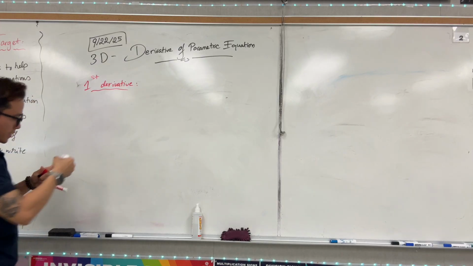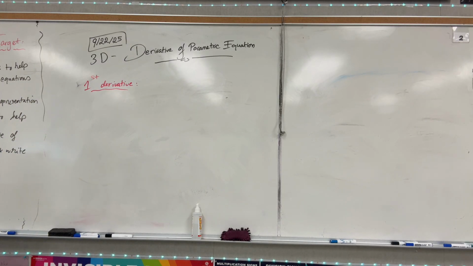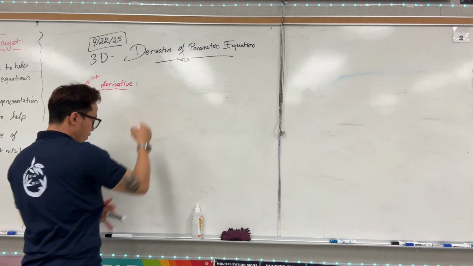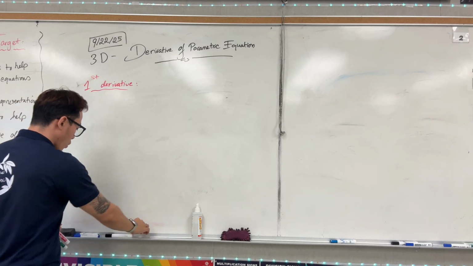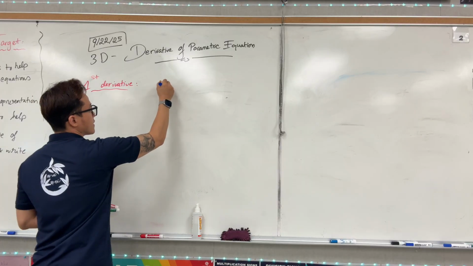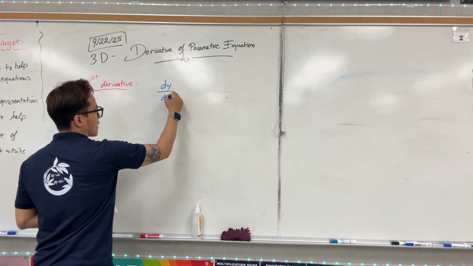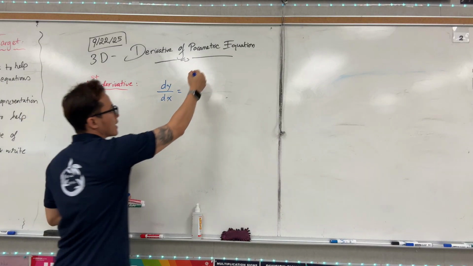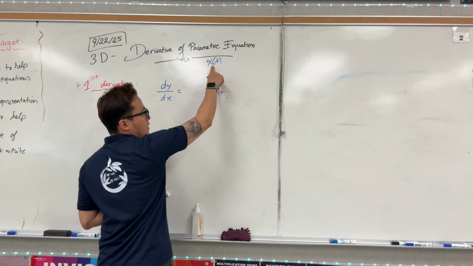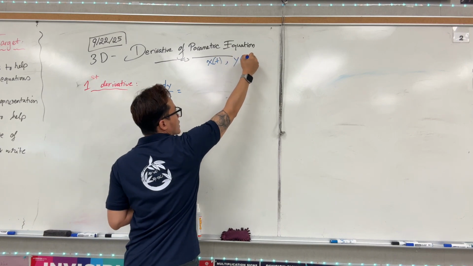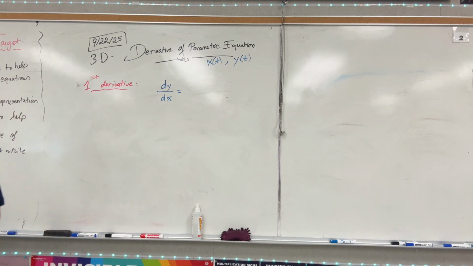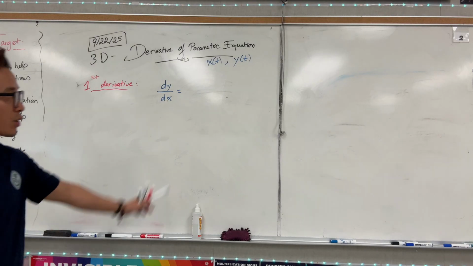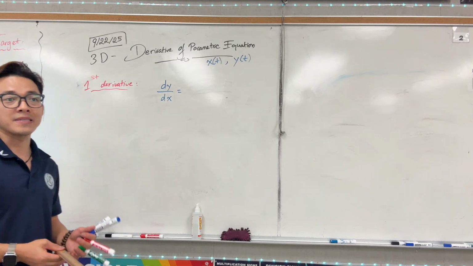Okay, so first derivative. You need to find dy over dx, right? How do you find dy over dx if you know that x is some function of t and y is some function of t?